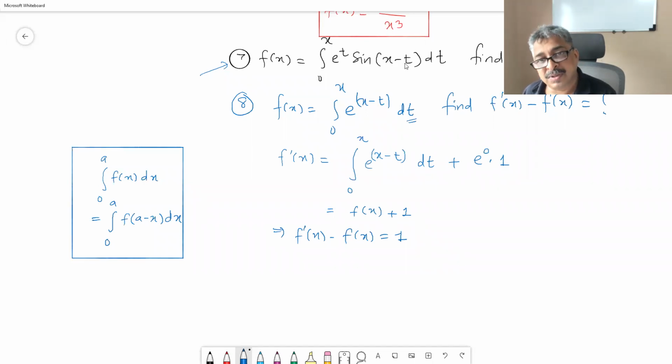Whenever some bracket, actually this bracket also becomes 0 when you put x is equal to t, but it is not making any difference as far as the final answer is concerned, but here it makes a difference. So use this type of formula first, or maybe the second way of going about it is you expand sin(x minus t) as sin x cos t minus cos x sin t, and then deal with it. Again it will be correct. Try to do that.